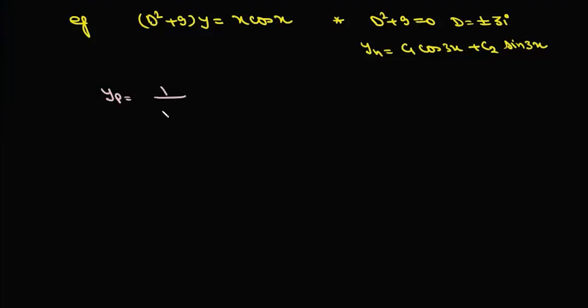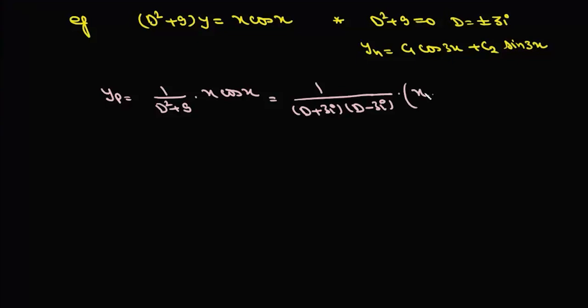Now we need to find its particular integral, and what we'll do is we'll write this yp as 1 upon (d square plus 9) into x cos x. Now what we can do is we can write d square plus 9 as 1 upon (d plus 3 iota) into (d minus 3 iota) into this x, and what we'll do is we'll write this cos x in terms of exponential functions.